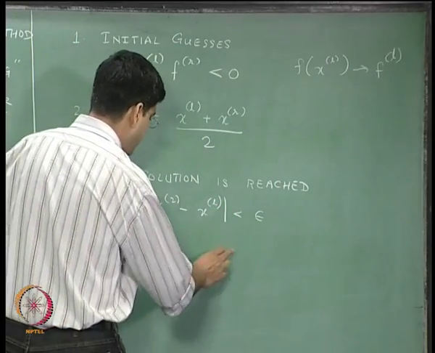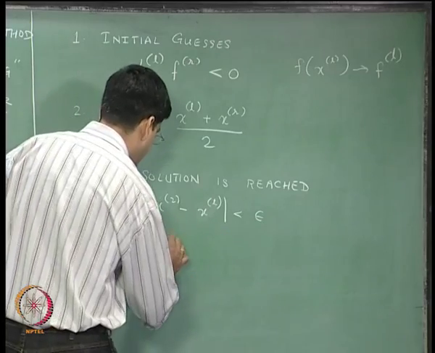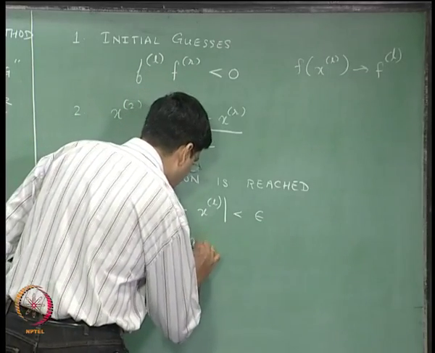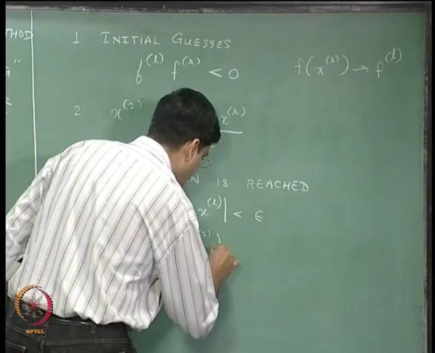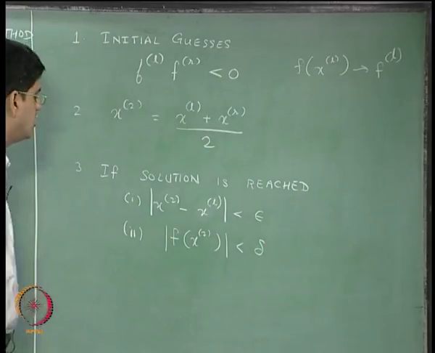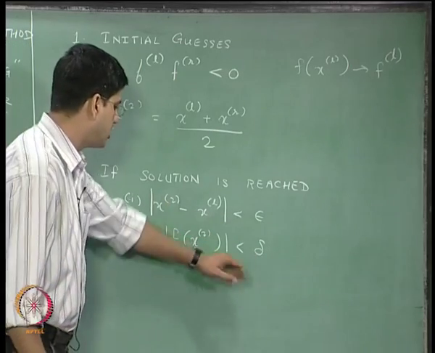Or the other criterion that we can use is whether the function f of x2 is less than some other value delta. Okay. We can use either or both of these methods.